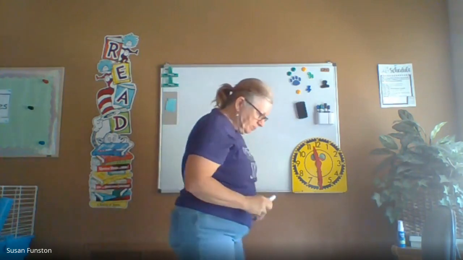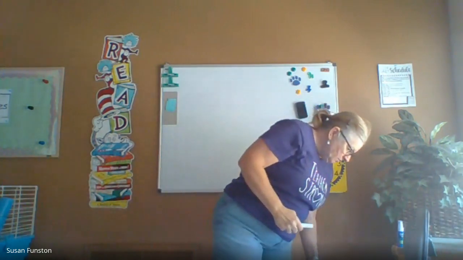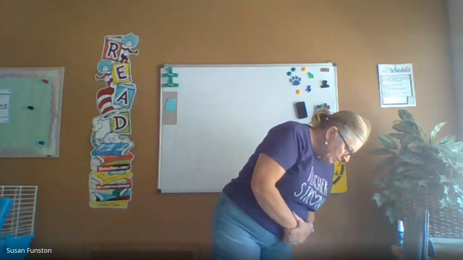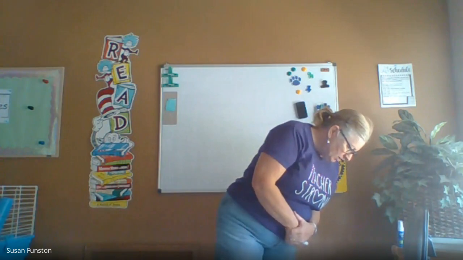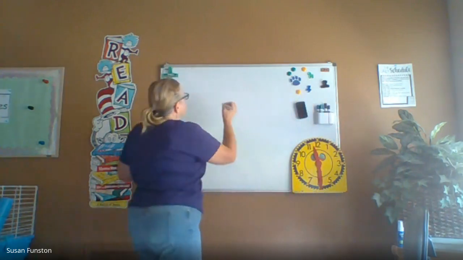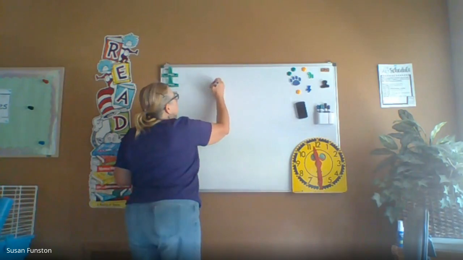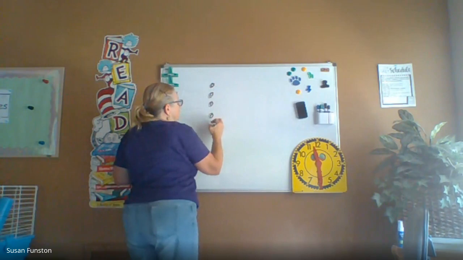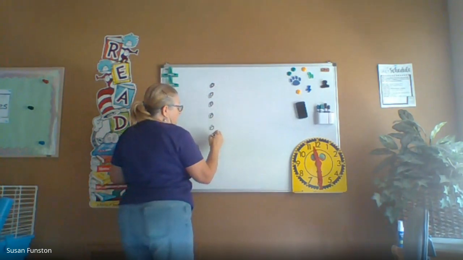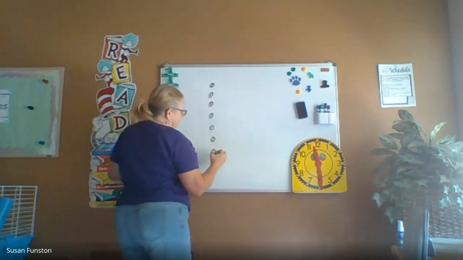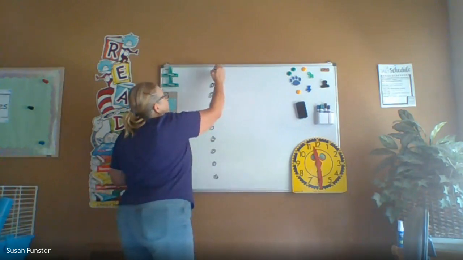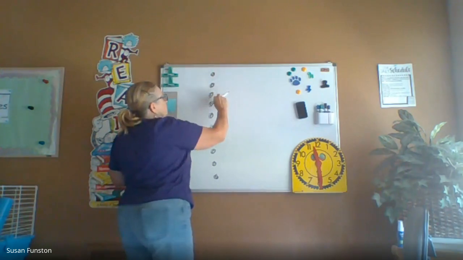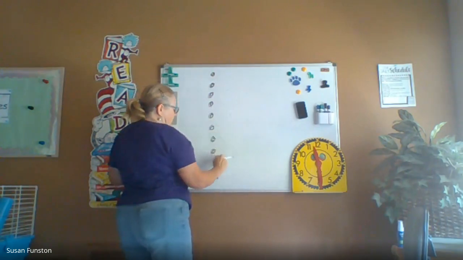Let's move on now. So I have an array with 10 rows of 3. So 1, 2, 3, 4, 5, 6, 7, 8, 9, I'm out of room, 10. 1, 2, 3, 4, 5, 6, 7, 8, 9, 10.